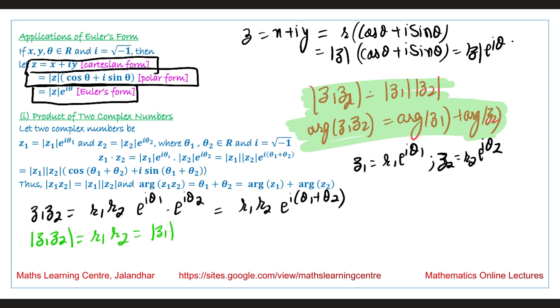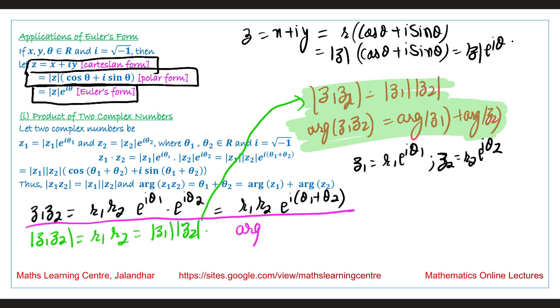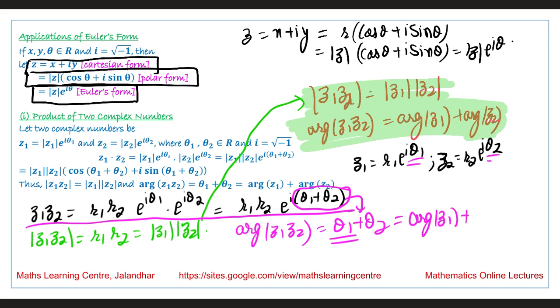It is mod of z1 into mod of z2. This is the first part that we have to prove, and from this equation we have argument of z1 z2 equal to theta 1 plus theta 2. This is from the power of e raised to iota theta 1 plus theta 2. And what is theta 1? Theta 1 is the argument of z1 and theta 2 is the argument of z2. So this is what we have to prove.